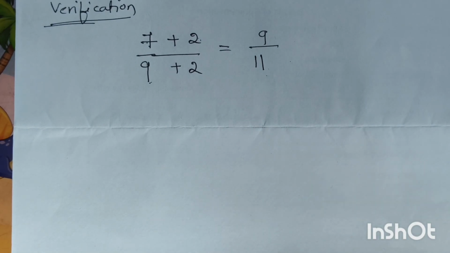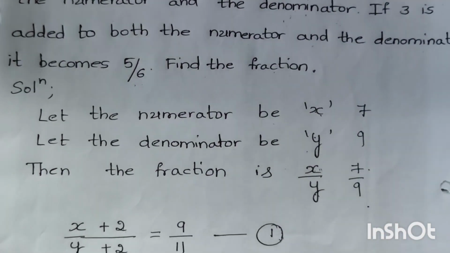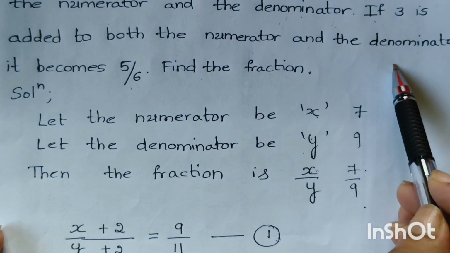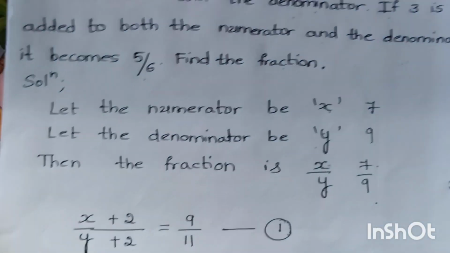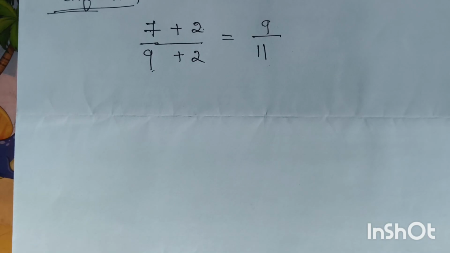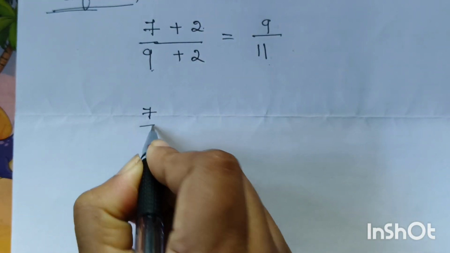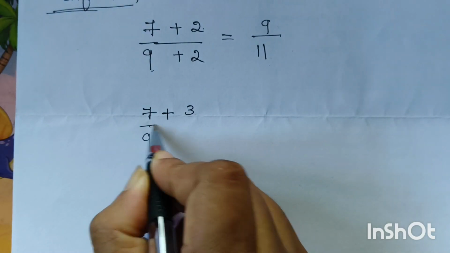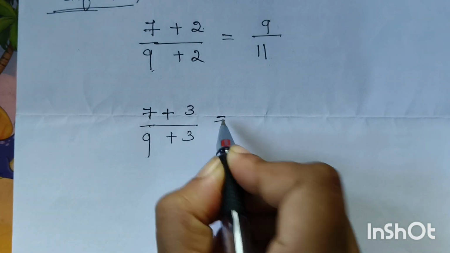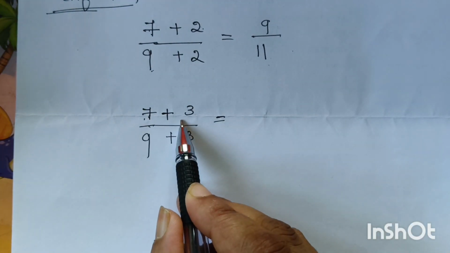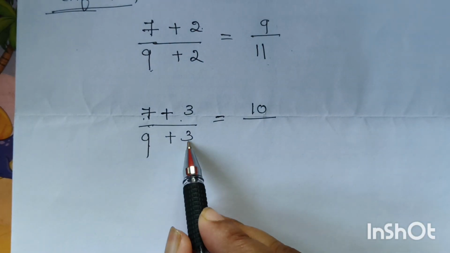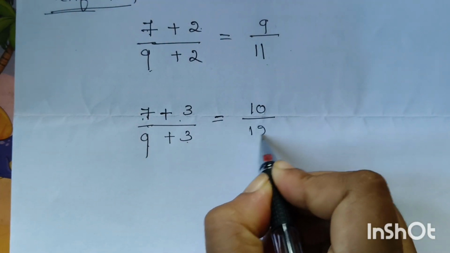And what did they tell us in the second sentence? If 3 is added to both the numerator and the denominator, we will get 5 by 6. Let us check. We know that the fraction is 7 by 9, and let us add 3 to the numerator and to the denominator. Then 7 plus 3 is 10. 9 plus 3 is 12.